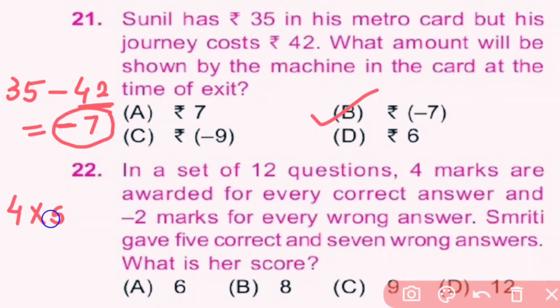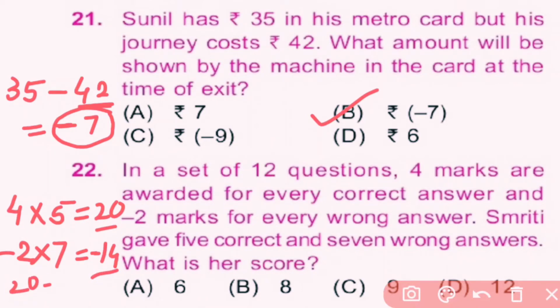So for 5 questions she got 20 marks. And for each wrong answer, minus 2 marks. She gave 7 wrong answers. So 7 into 2 is 14, and minus 14. So these are the correct answer marks, these are the wrong answer marks. So 20 minus 14 is 6. Her score is 6. So A is the correct answer.